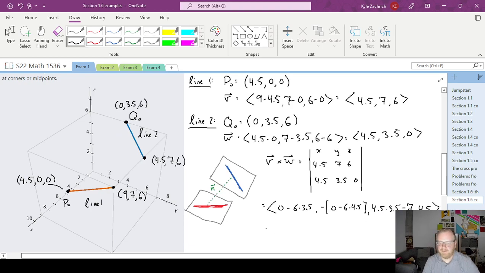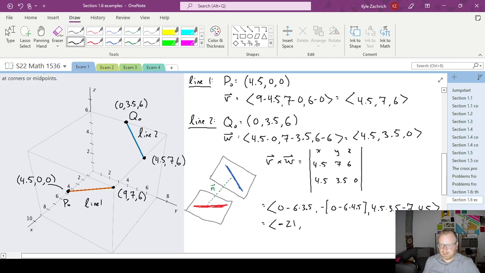Again, no judgment if you want to use the calculator on GeoGebra. So let's see. This is going to be negative 21.